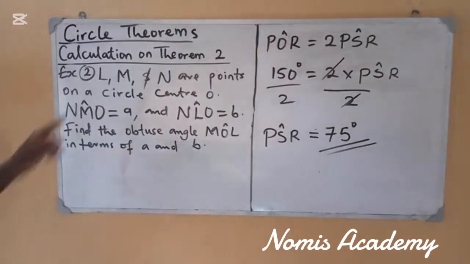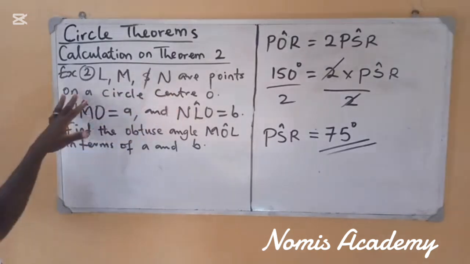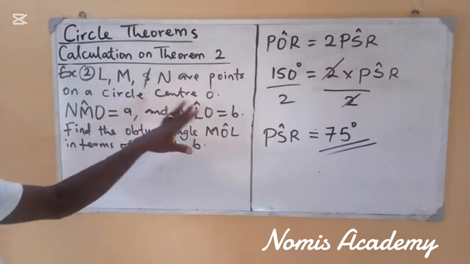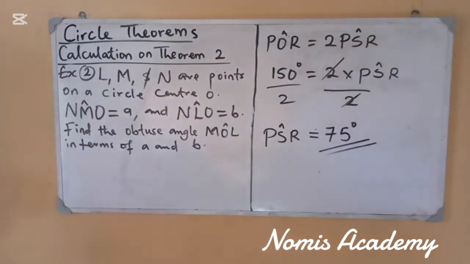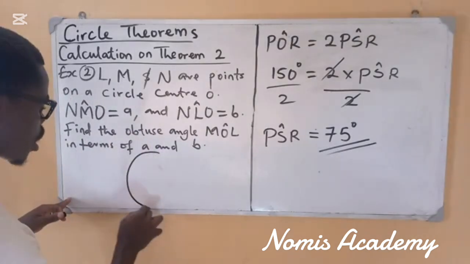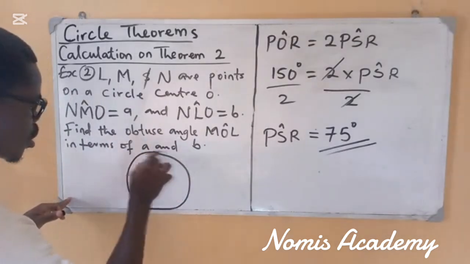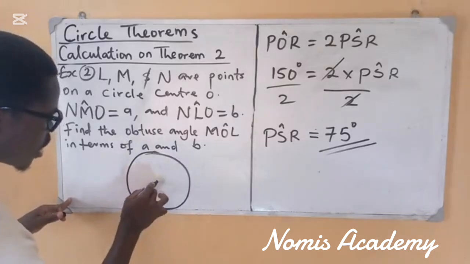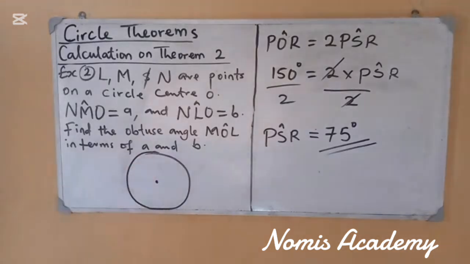Okay, L, M and N are points on a circle center O. So let's draw a circle. We have a circle, and this is the center of the circle.